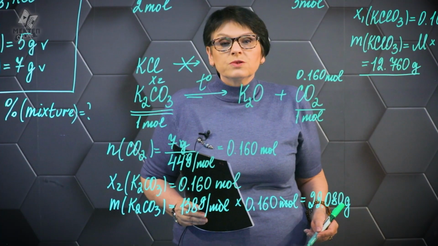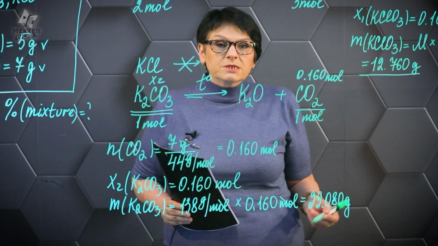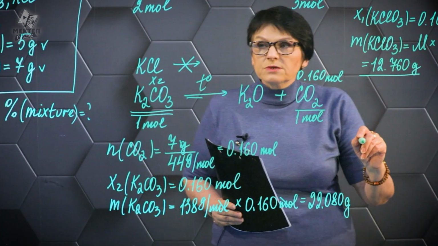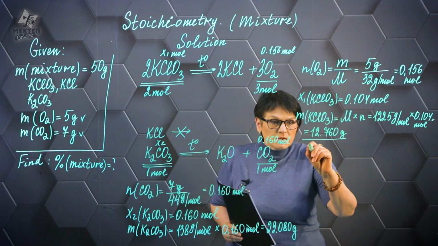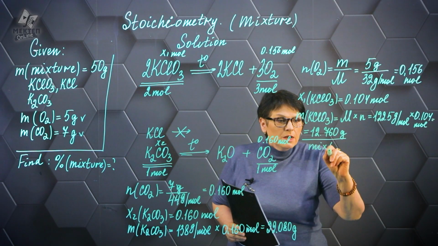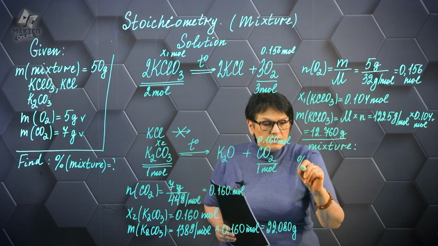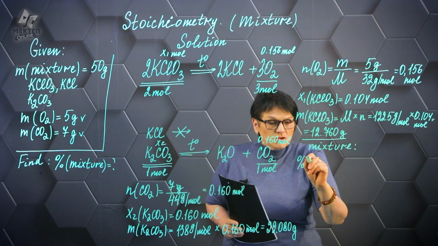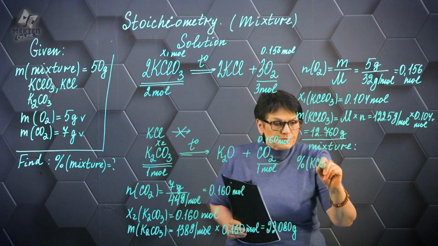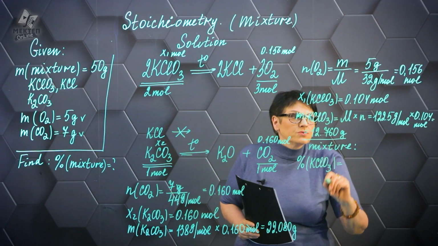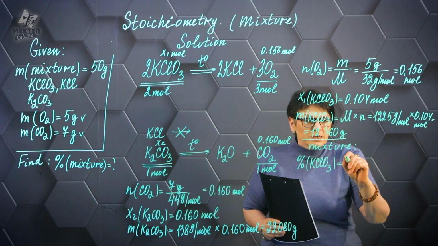Well, now we can calculate how much of each of the presented types of salts we have in our mixture. Let's calculate how much of each of these substances we have. Let's start with potassium chlorate. So we've got 12.76 grams of this salt.